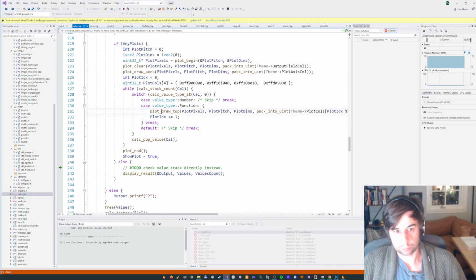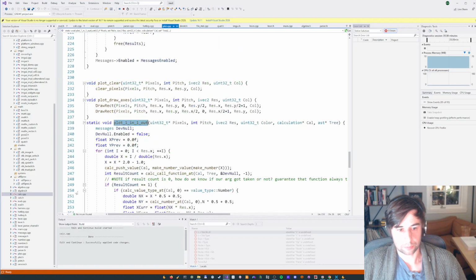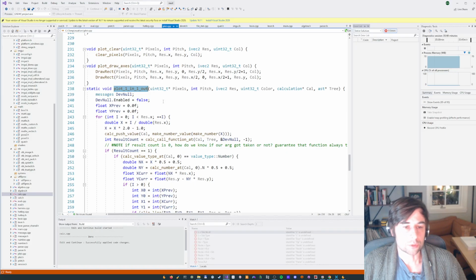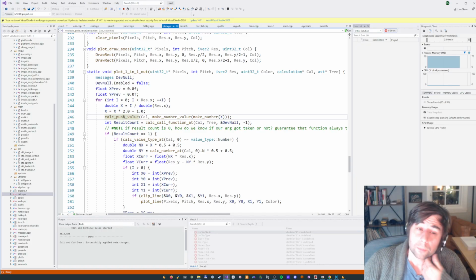And so the way it does the plot, this is called plot one in, plot out, because this is a one-dimensional function to a one-dimensional function. It works similarly to a Lua VM, if you've tried interfacing with Lua.